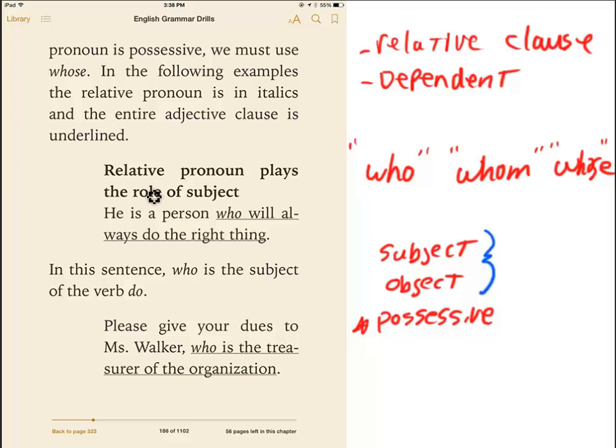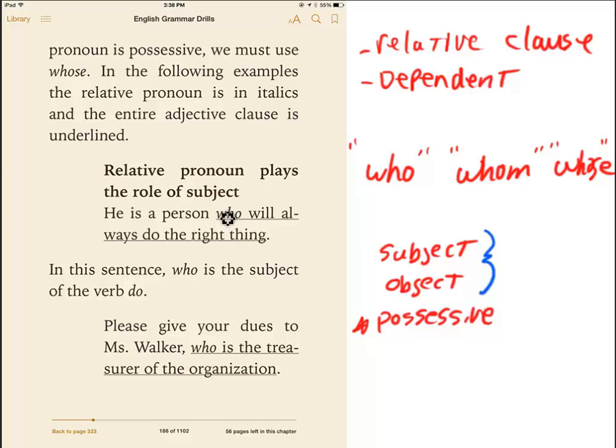Remember, these are adjective clauses. It says, he is a person who will always do the right thing. So person is the antecedent, and so we know we have to use one of these, who, whom, or whose. But which one? Okay, he is a person who will always do the right thing. Who is the subject of this little clause?